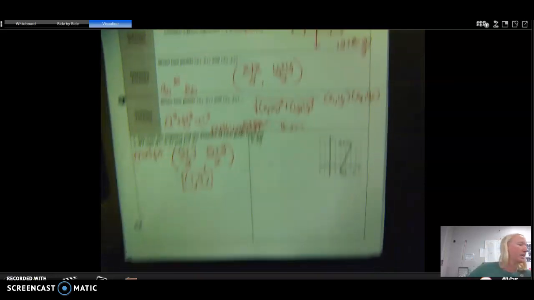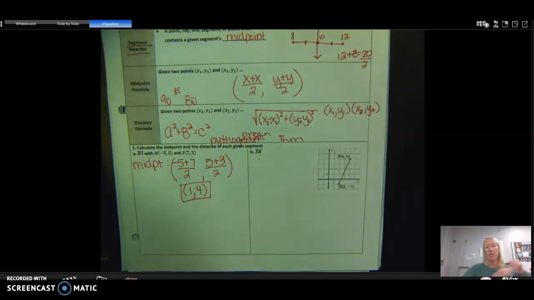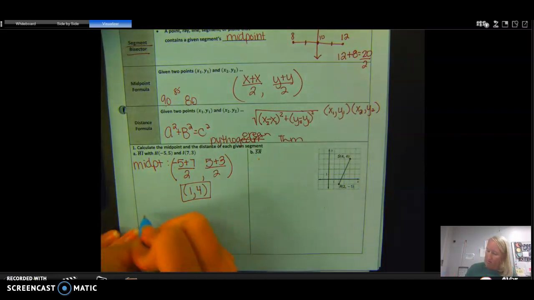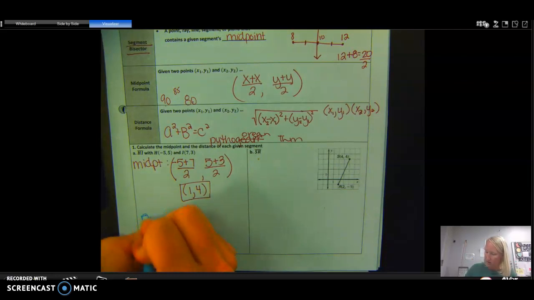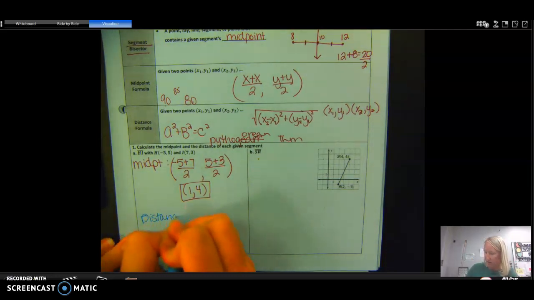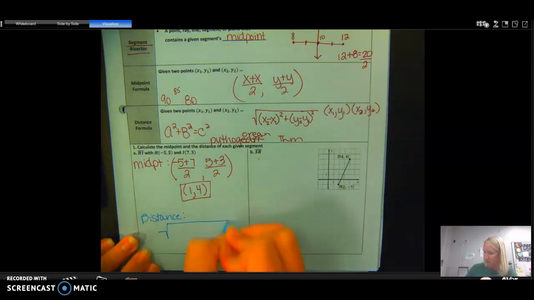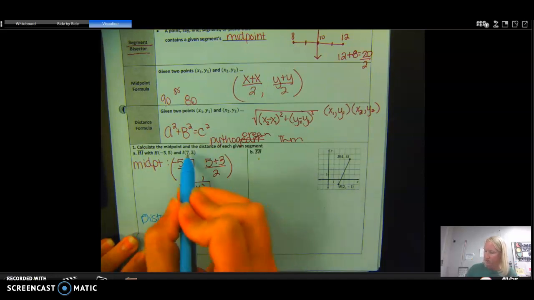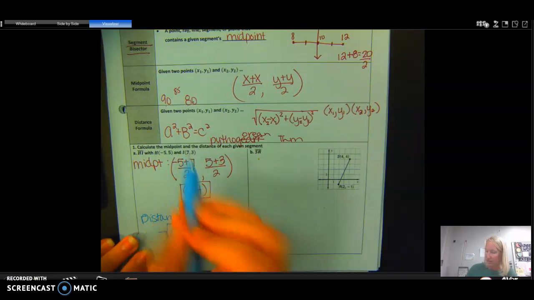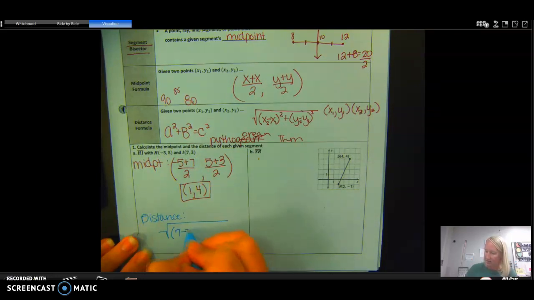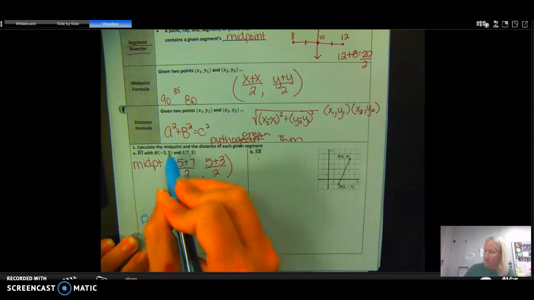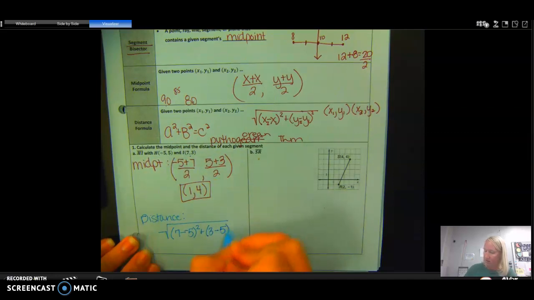Now, if I wanted to find the distance of that segment, we're going to plug into the distance formula. So big square root, x2, my second x, 7, minus my first x, which is a negative 5, that whole thing squared, plus my second y, which is 3, minus my first y, which is 5, that whole thing squared.